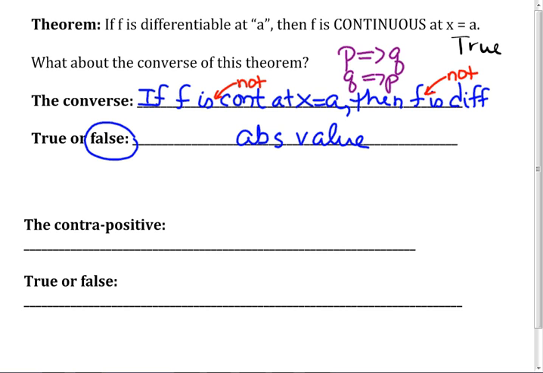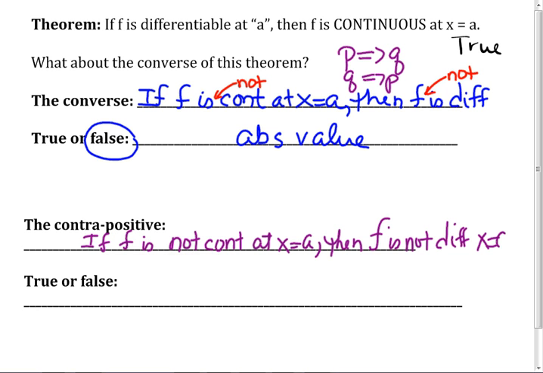Okay, so let's write out the contrapositive. If f is not continuous at x equals a, then f is not differentiable at x equals a.